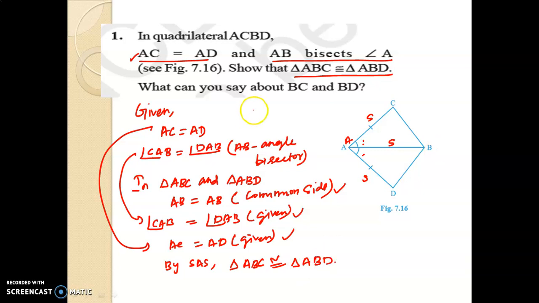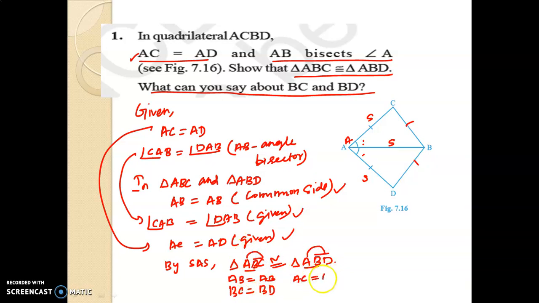And they are asking another question: what can you say about the side BC and BD? That is about this side and this side. Now we already know that if two triangles are congruent to each other, the corresponding sides are the same. That is AB equal to AB, the last two equal to the last two, that is BC equal to BD, and the first and last equal to first and last, that is AC equal to AD.